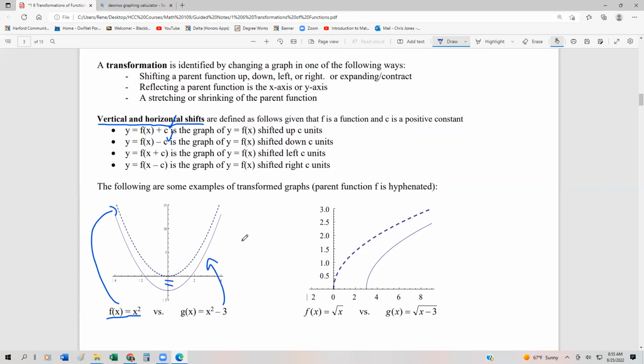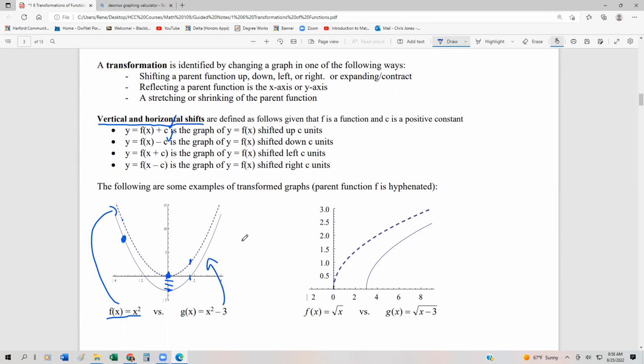So we move down 1, 2, 3 from this central point right here. And this would be the same point. In fact, all points are going to be moved down 3 units. Whatever this point is right here, this is moved down 3 units. This point over here is moved down 3 units, and they're all in the graph. So that's all that a vertical transformation does. If the number is on the outside of the function, it just moves it up and down.